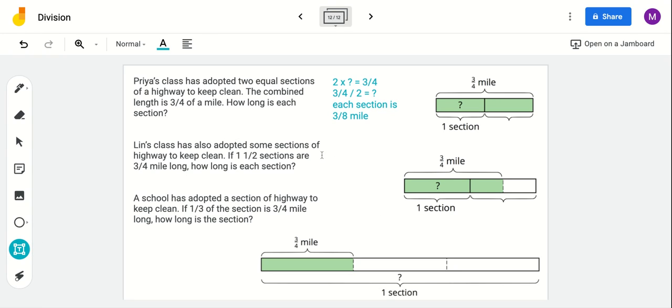So again, we can create our multiplication problems and our division problems. So for multiplying this, 1.5, I'm just going to call it 3/2 because it's easier for thinking. And we don't know how big that section is, so we're going to leave that a question mark. 3/2 times whatever that unit is equals 3/4 of a mile.